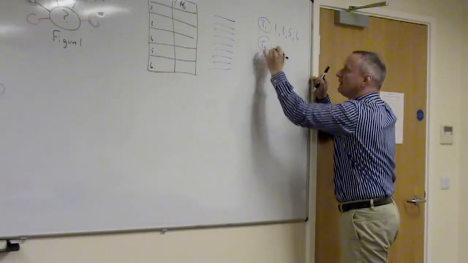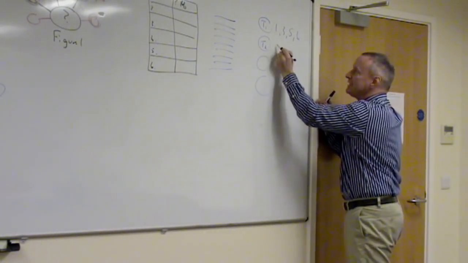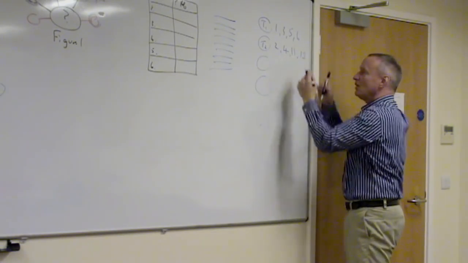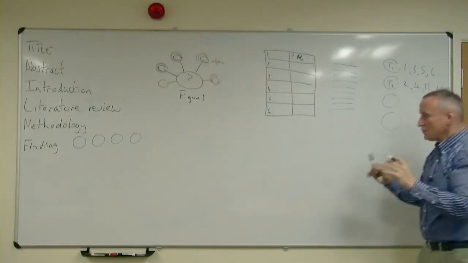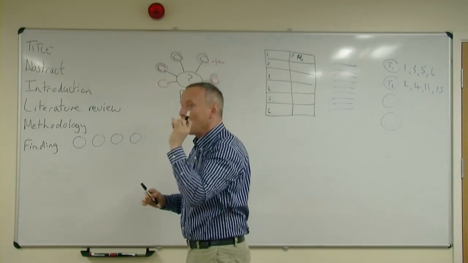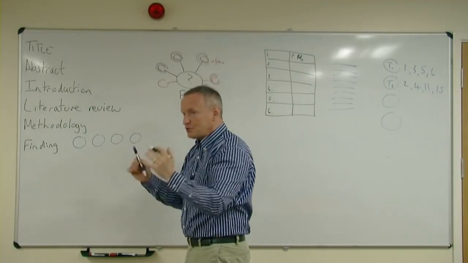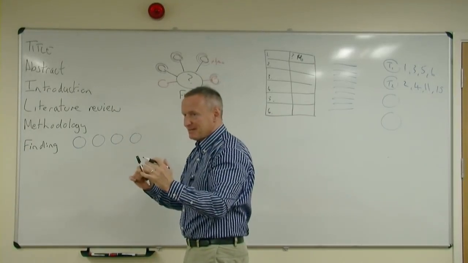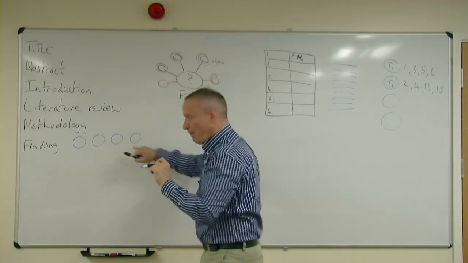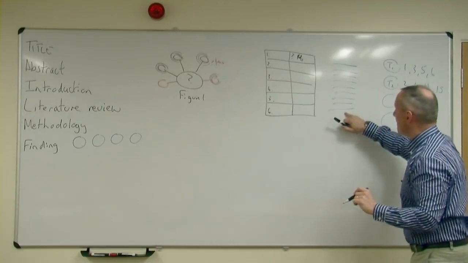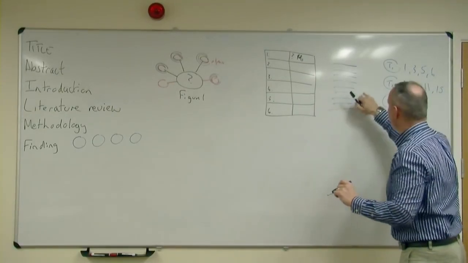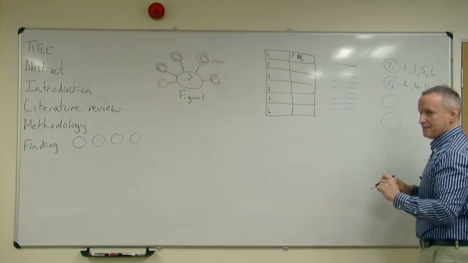Theme 2, you've clustered the responses into 2, 4, 11, and 15, and so on. And what this shows the assessors is that you have the ability to look at raw data and cluster it into key themes. So what you'll do is you'll create a diagram. Or better still, you'll have a diagram where you've got your table, you've got the raw responses, and then you've clustered them into key themes.